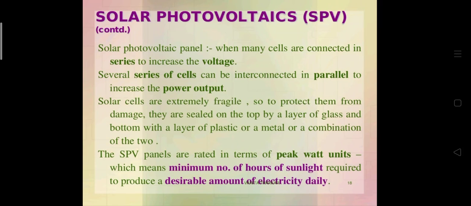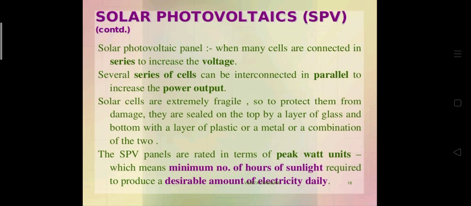Solar panel is nothing but a number of cells connected in series to increase the voltage. If you have only one solar cell, we get a maximum of only 5 volts. But if you use many cells, we get more voltage.